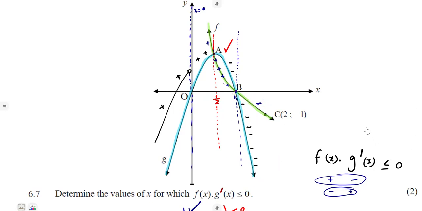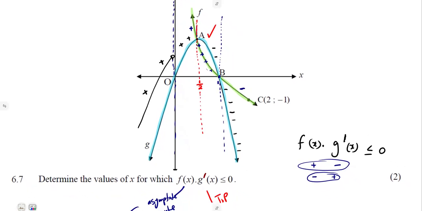So therefore, our solution is going to be taken in between half and 1. So it's greater than half, but less than what? Less than 1. Can we say it is equal to half?